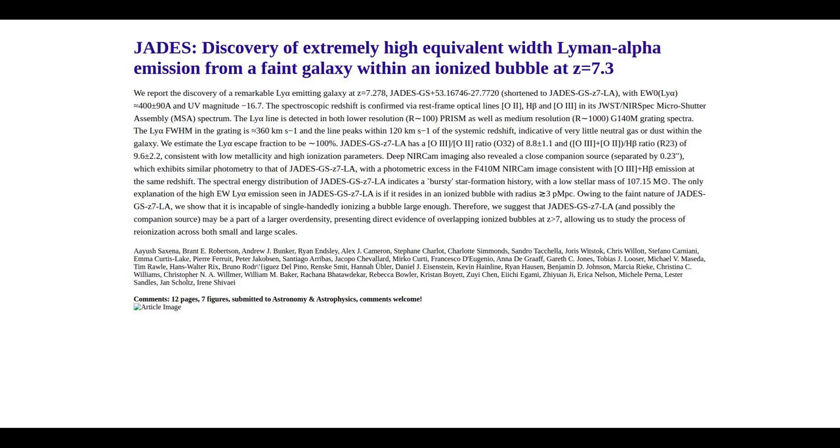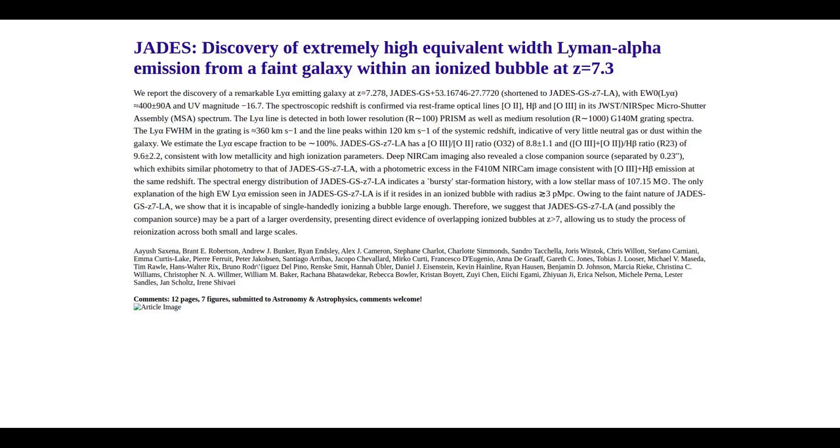The spectroscopic redshift is confirmed via rest frame optical lines [O II], H beta and [O III] in its JWST NIRSpec micro shutter assembly spectrum. The Lyman-alpha line is detected in both lower resolution prism as well as medium resolution G140M grating spectra.